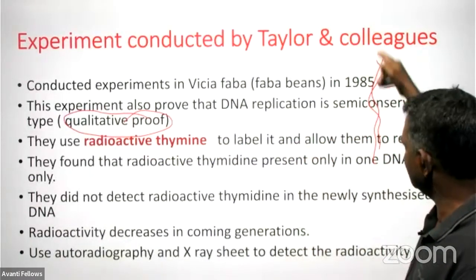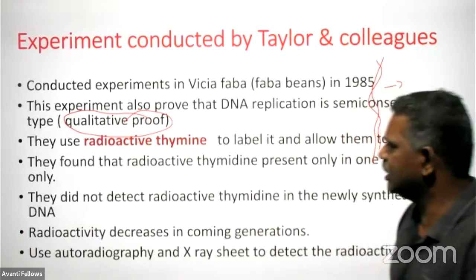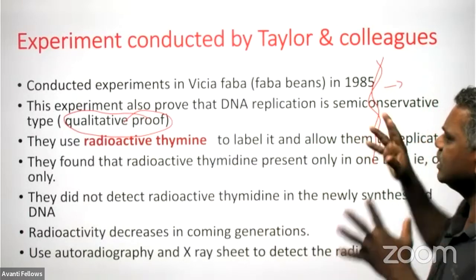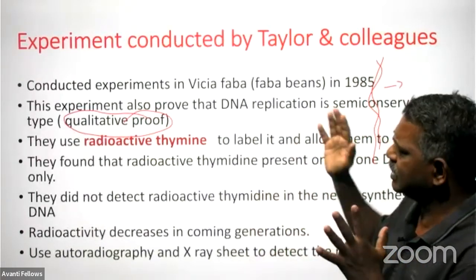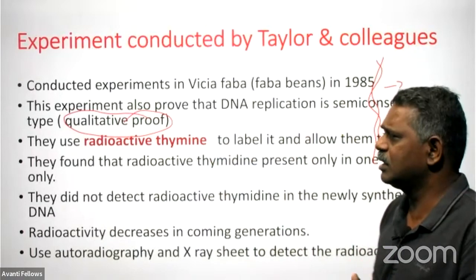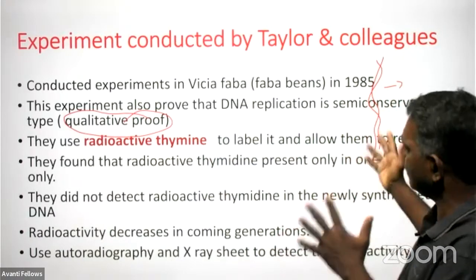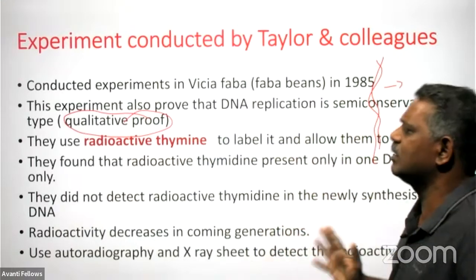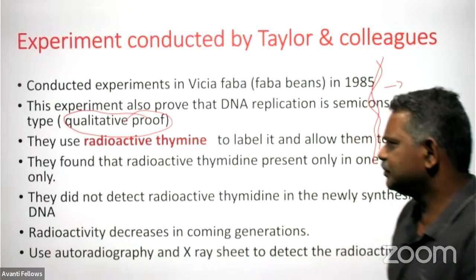The thymine present in the DNA is labeled with the radioactive material, and this DNA is allowed to replicate, with the thymine in both the strands labeled with the radioactive material.